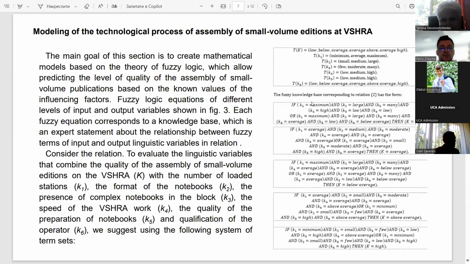The main goal of this section, modeling of the technological process, is a mathematical model based on the theory of fuzzy logic, predicting the level of quality of the assembly of small volume publications based on the known values of the influencing factors. Fuzzy logic equations of different levels with input and output variables are shown in the figure on the right.